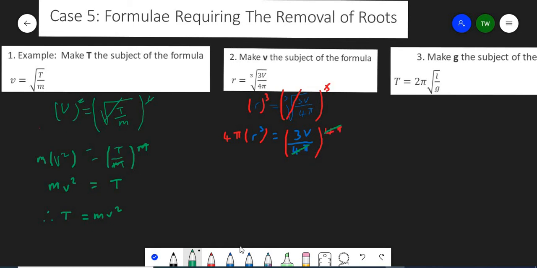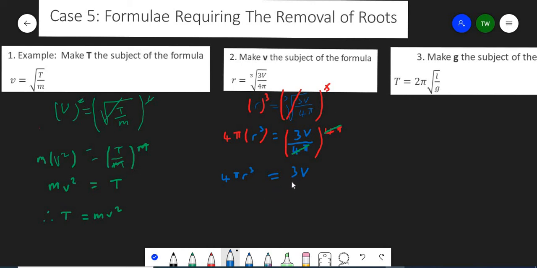Right? So what that leaves you back with is just 3v. And over here, what you have is just 4 pi r cubed.